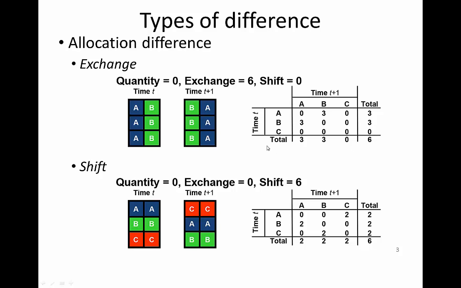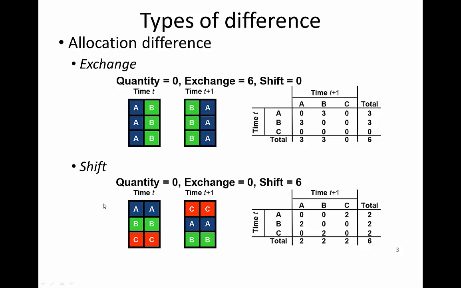Exchange occurs when, for example, one element classified as A at t plus 1 is classified as B at t, and an element classified as B at t plus 1 is classified as A at t. From this definition, we establish that exchange involves at least two categories.